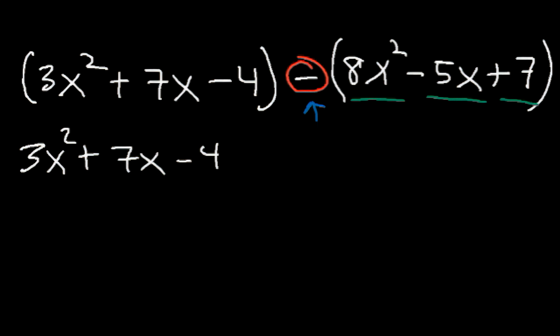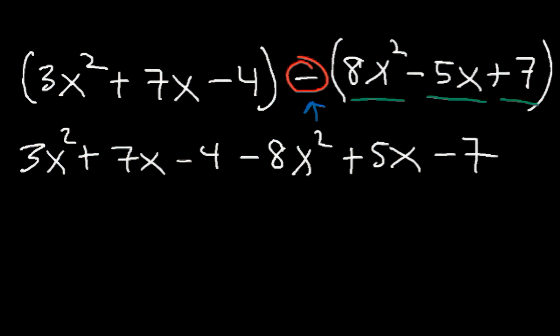Now you can treat this as a negative 1. So let's distribute the negative sign to everything on the right. So instead of having positive 8x squared, it's going to be negative 8x squared. And instead of having negative 5x, it's going to be positive 5x. And instead of having positive 7, if we distribute the negative sign to it, it's negative 7.